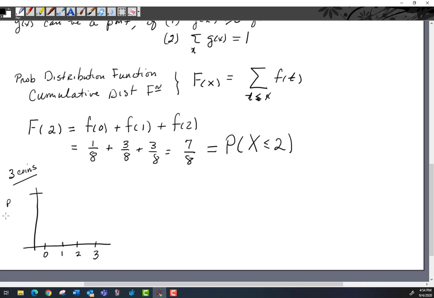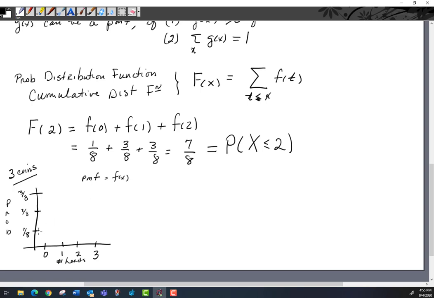Now this would be probability, and this would be number of heads. All right, and so this goes up to, why don't we just make this 3/8 here, and then this can be 2/8, and this could be 1/8.